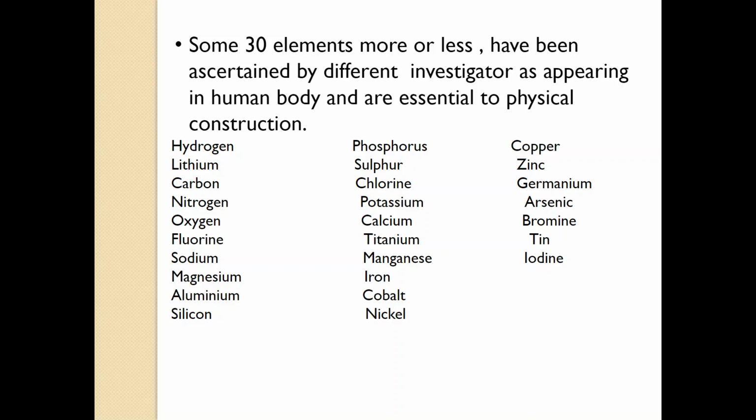So these elements are hydrogen, lithium, carbon, nitrogen, oxygen, fluorine, sodium, magnesium, aluminium, silicon, phosphorus, sulfur, chlorine, potassium, calcium, titanium, manganese, iron, cobalt, nickel, copper, zinc, germanium, arsenic, bromine, tin and iodine.